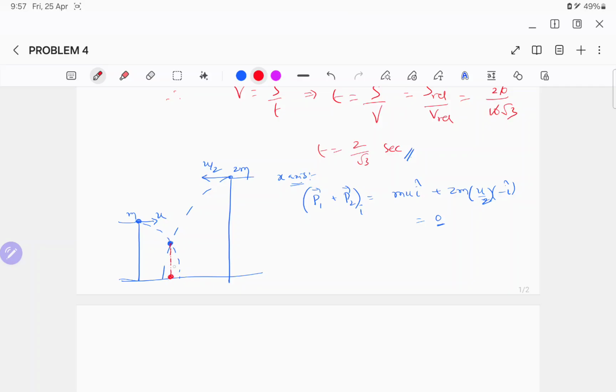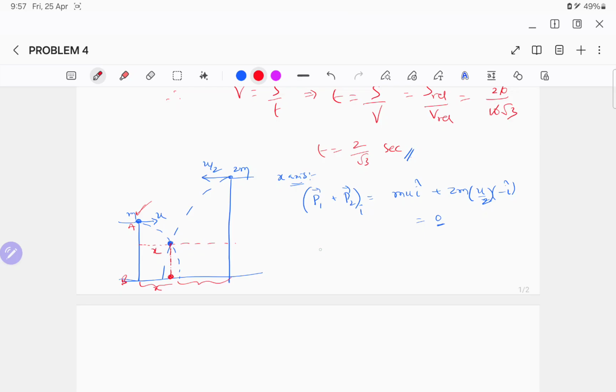There is no horizontal displacement after collision. If you find either this distance or this distance, because these are parallel lines, you will be able to answer the position where they landed on the ground. Let me take this distance as x, as it is parallel to this one. If I find the horizontal displacement of the individual projectile, the second answer will be ready.